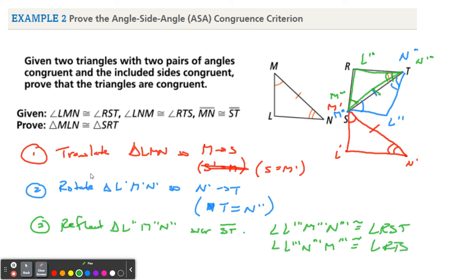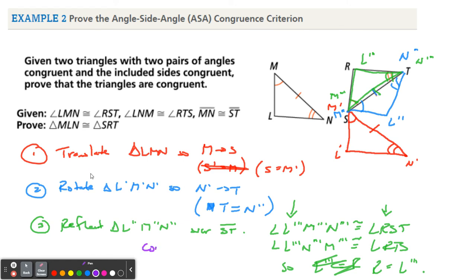What this is saying is that because these angles are congruent, that must mean that L triple prime lines up with R, because look here, L triple prime is the first letter, R is the first letter. So R equals L triple prime. And what this means is we have all 3 letters of triangle LMN mapped to triangle RST. Okay? So we did find a composition of rigid motion.